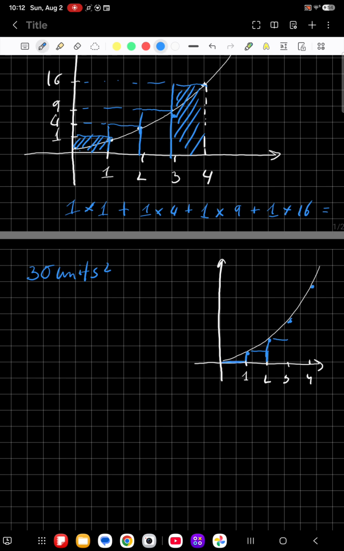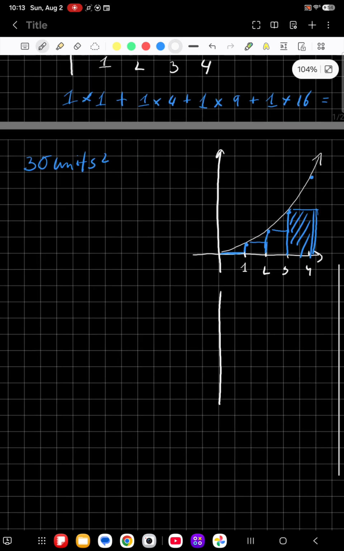Okay, then the second one, and the last one is supposed to go to 4. So this time you can see that the area of those rectangles, of that sum, will be less than the actual area under that curve.